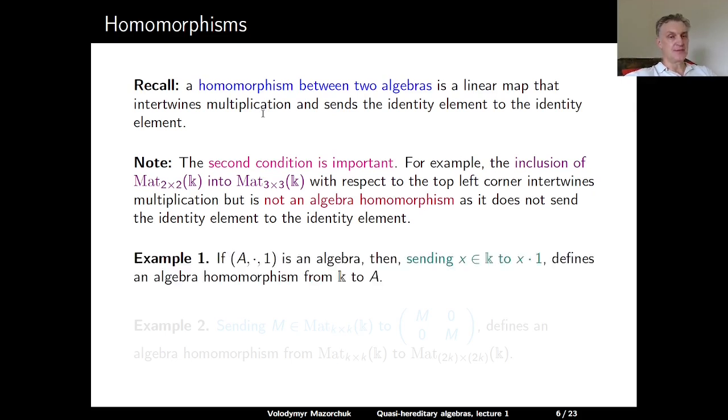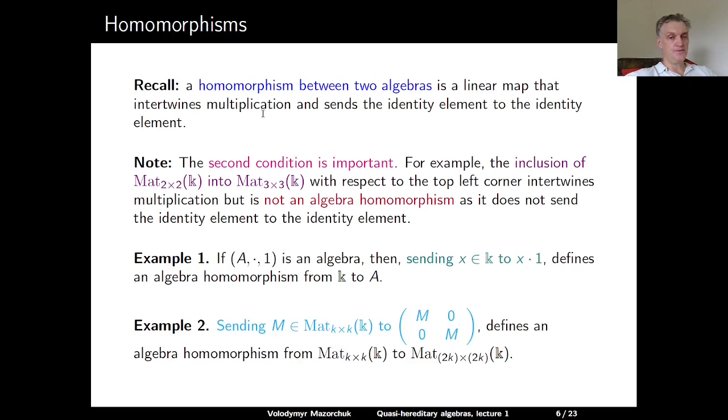Here are some examples. Given any algebra A, there is an algebra homomorphism from the field K to A given by sending an element X in our field to X times the identity element in A. Example 2.